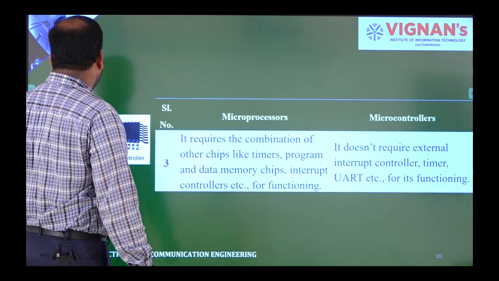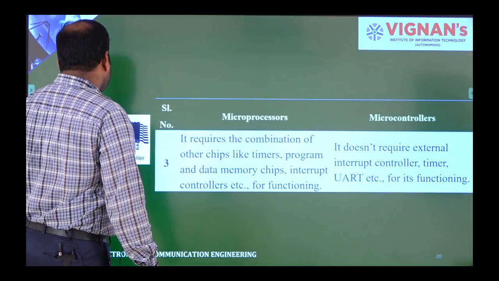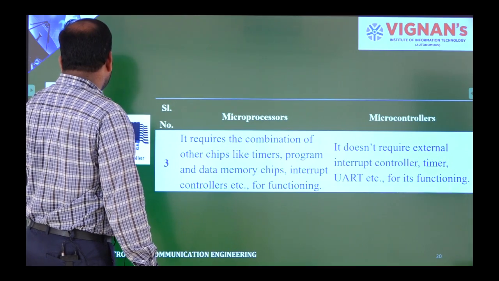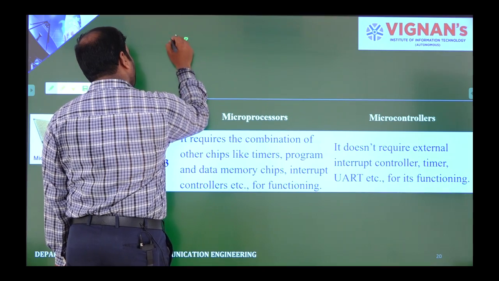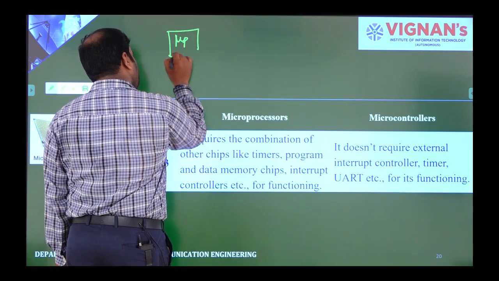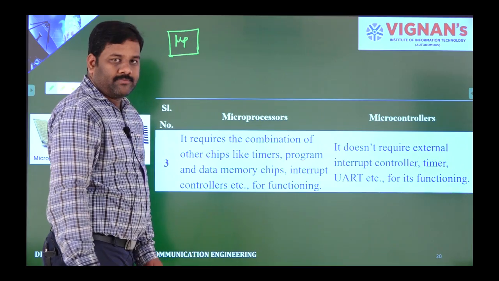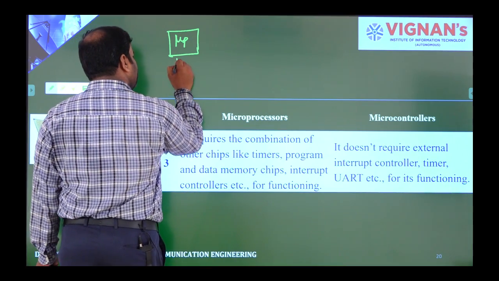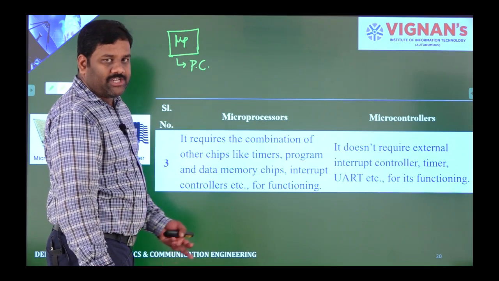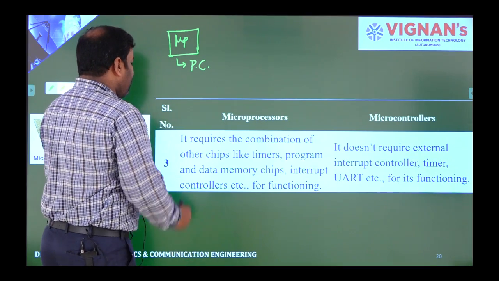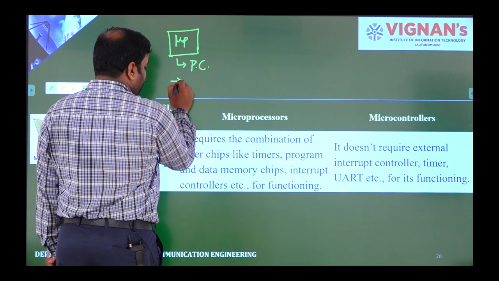And the next one is that it requires a combination of other chips. Whenever you need to perform one task by using a microprocessor, which is a simple processor that we use in our personal computers, a general processor, it always needs a combination.